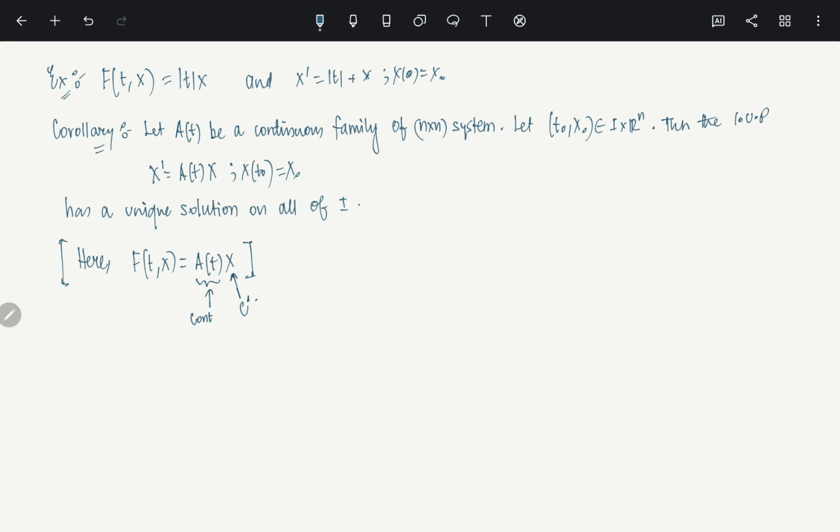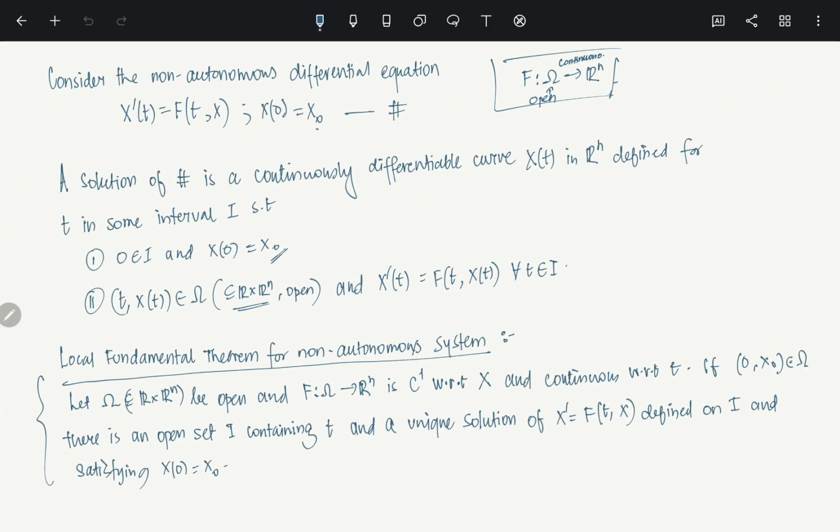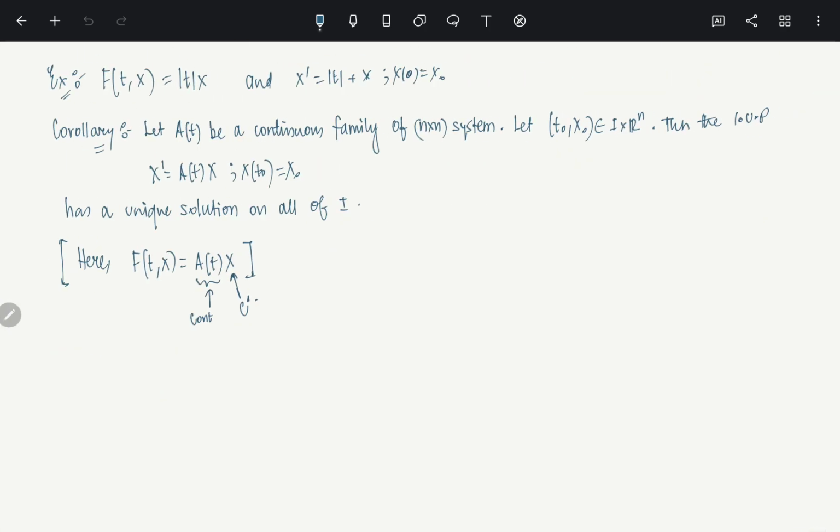So if that is true, then f is going to be continuous with respect to the t variable, and it is C1 with respect to the x variable. So we can use this local fundamental theorem for non-autonomous systems, and hence we have a unique solution in a neighborhood of t naught. Clear? So this problem has a solution.